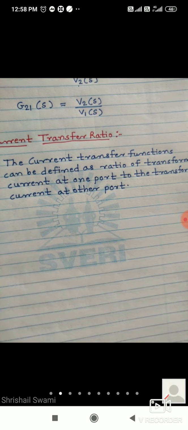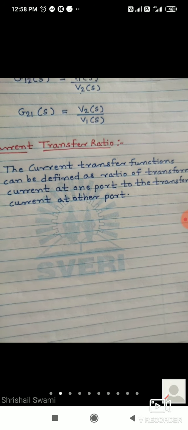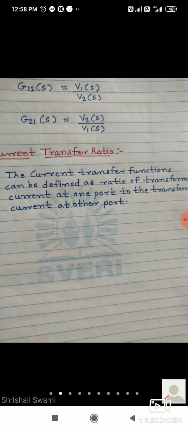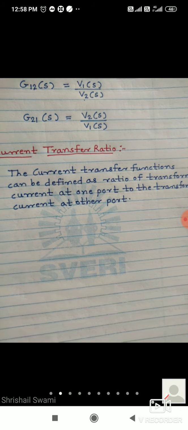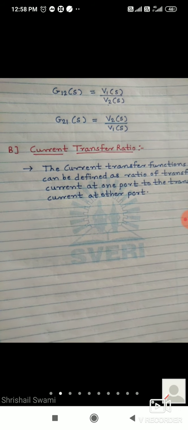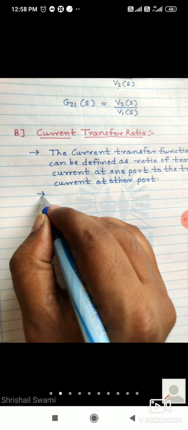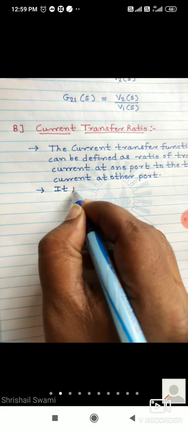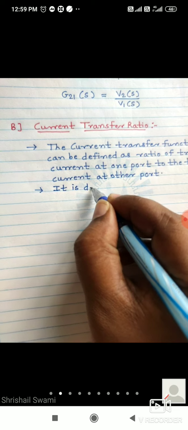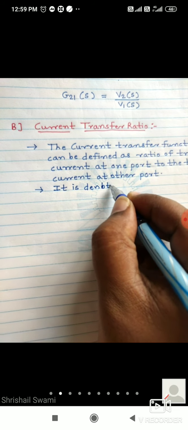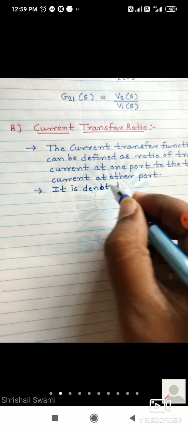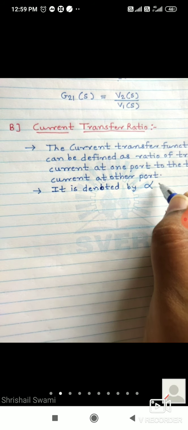Okay, the current transfer function can be defined as the ratio of transform current at one port to the transform current at other port. Okay, so it is denoted by alpha of S.